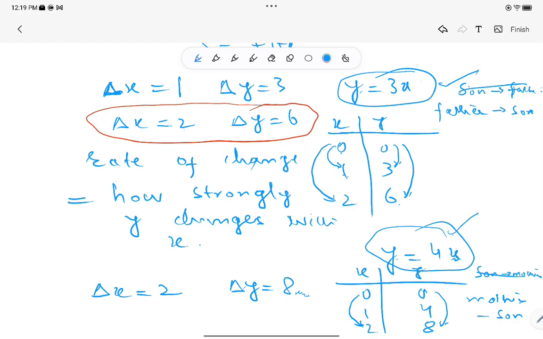Okay, now till then, what we conclude from this? In our world, there are many things in which one thing depends upon the other thing. Like here, y depends upon x, but two different relations can have two different dependencies. In one relation, there is stronger, in this, weaker dependence.